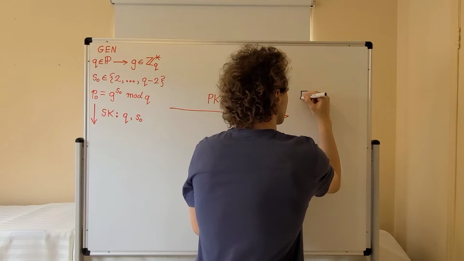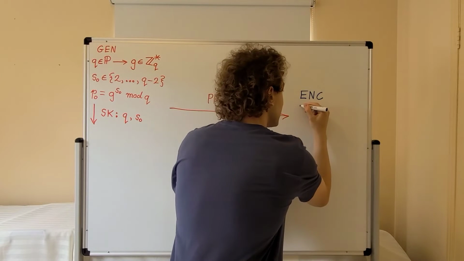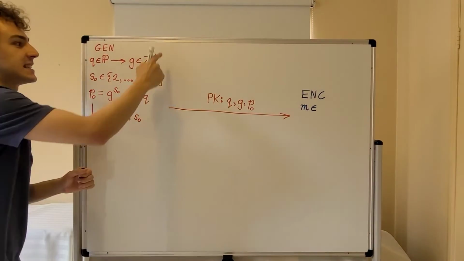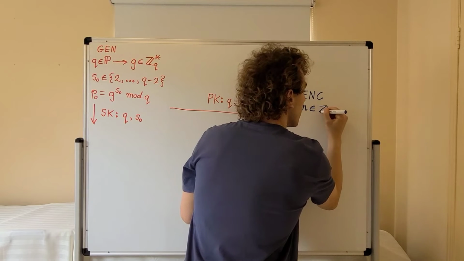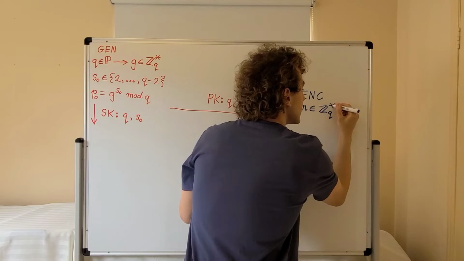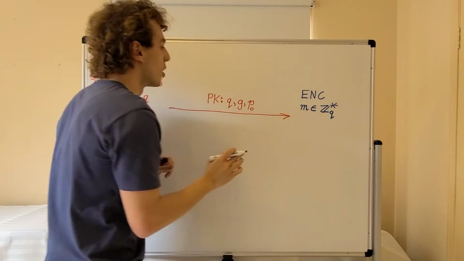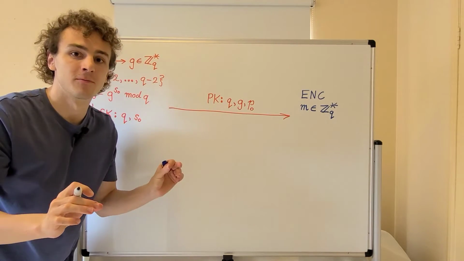For encryption, we're going to start with the message. The message is an element of this set over here. So we're going to have Z, that's the integers, mod Q, and we're going to put this star over here to tell us that we're excluding 0. If this Q was not prime, we might have to exclude other elements as well.